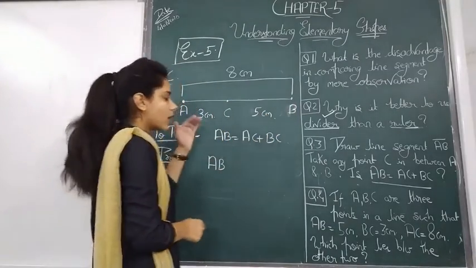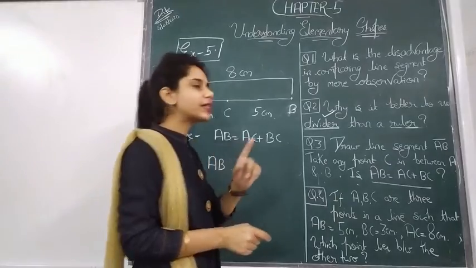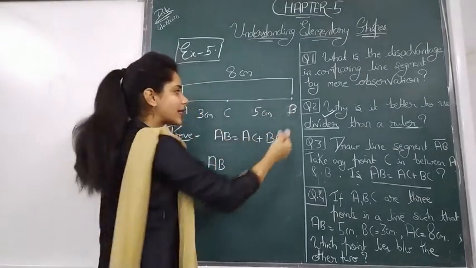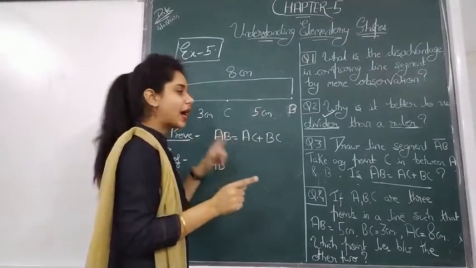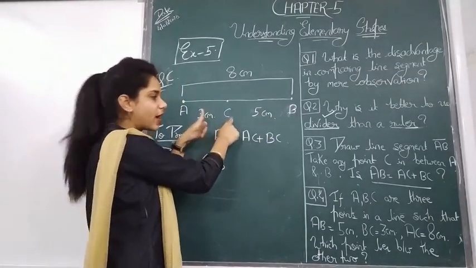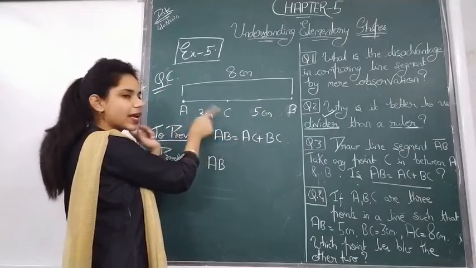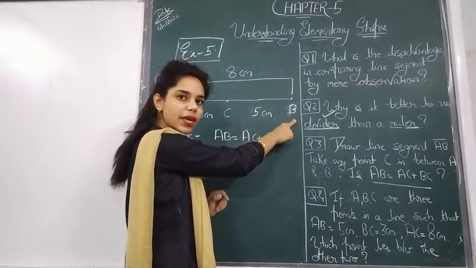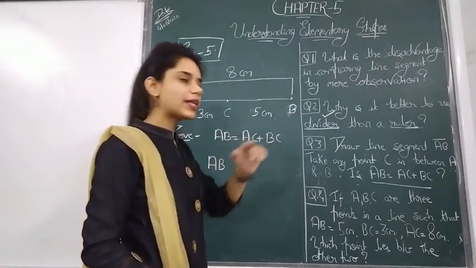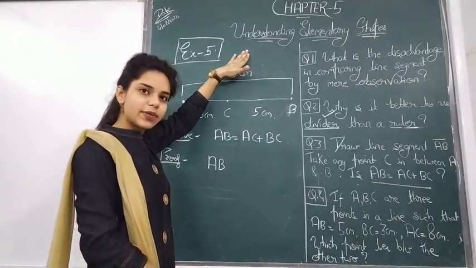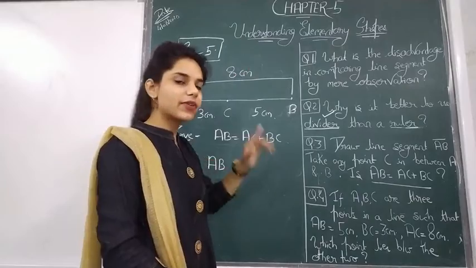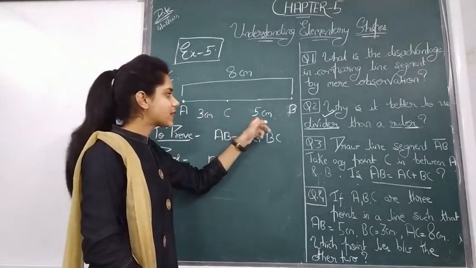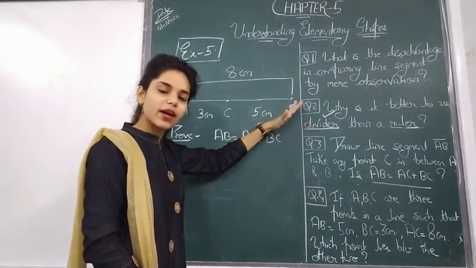Understood this thing? First of all, draw an 8 centimeter line segment AB and take this point C, which is 3 centimeter away from point A and 5 centimeter away from point B. Understood?